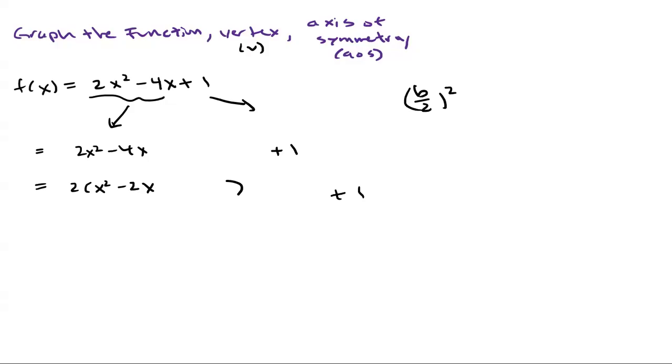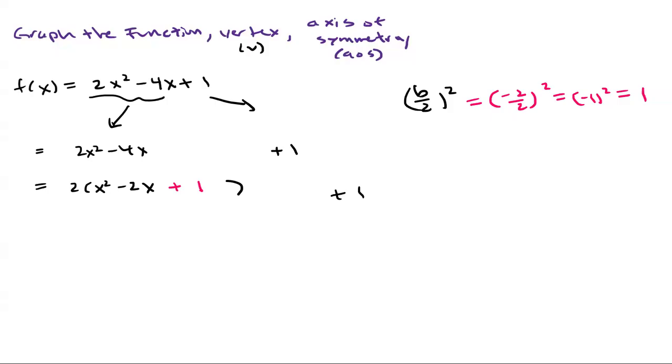We want to use this one here for our b, not this one. So this is going to be negative 2 divided by 2, squared. That's negative 1 squared, which is a positive 1. So we're going to add a positive 1.